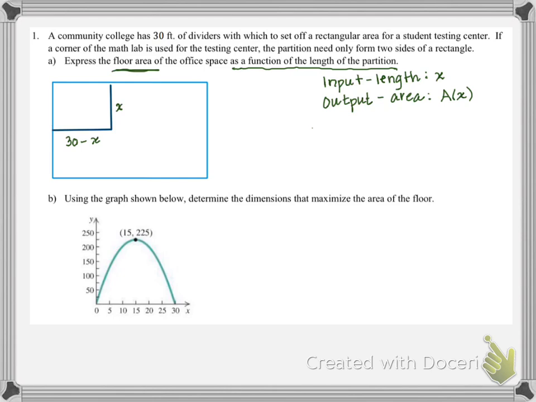What else? If my goal here is to write a function for the area, do I have everything I need listed there? Yes? The width. Yeah, we need the width as well, right? So width, and we said that was 30 minus x.